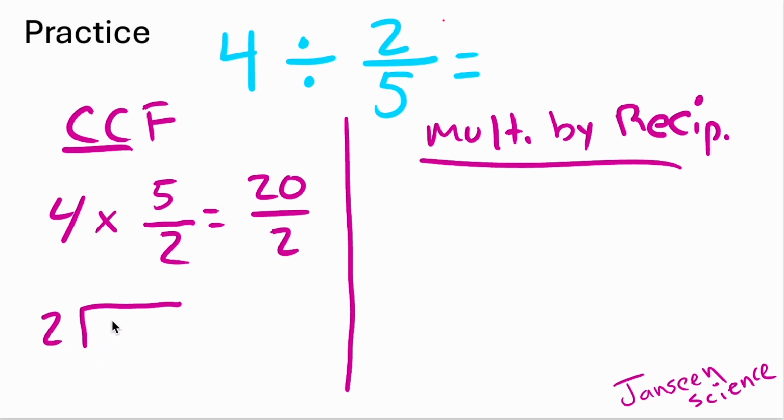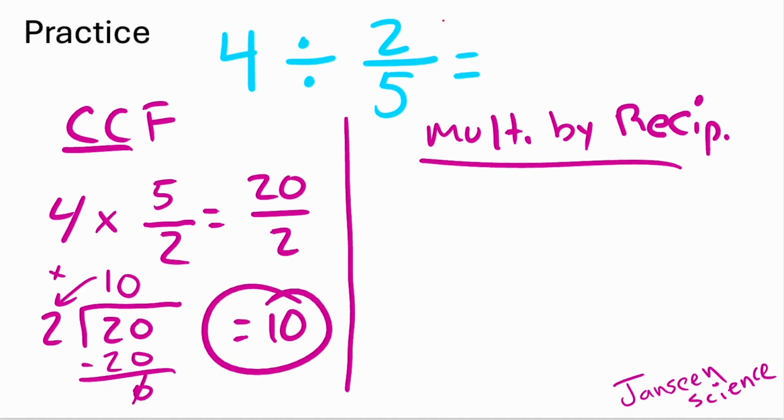The 2 goes out, the 20 goes in, that's your dividend, and the divisor is outside. So how many times can 2 fit into 20? 10 times. 10 times 2 is 20. 20 minus 20, 0. So that's how I got the 10. So your answer is 10.